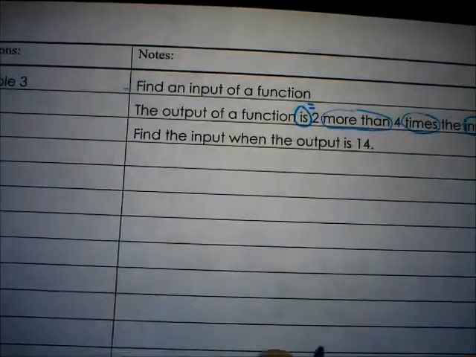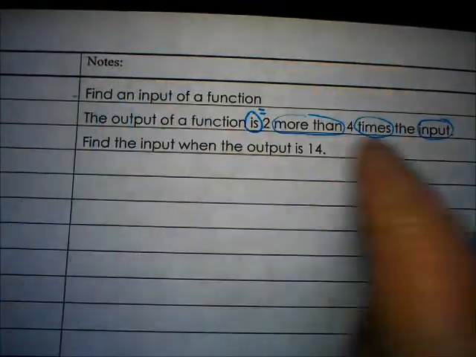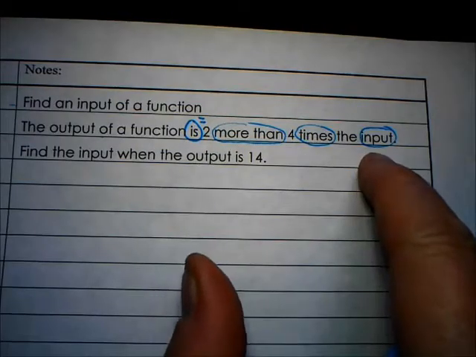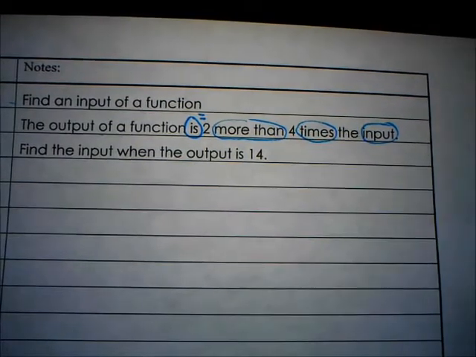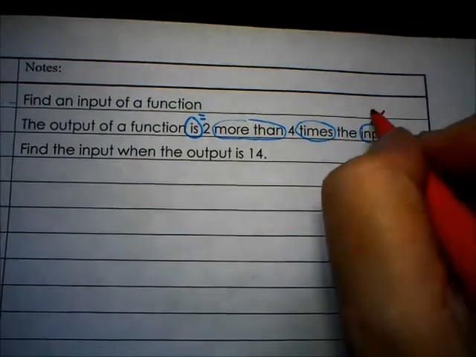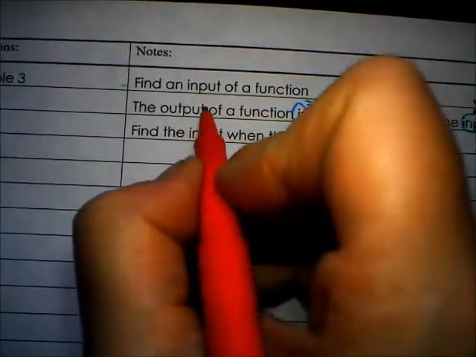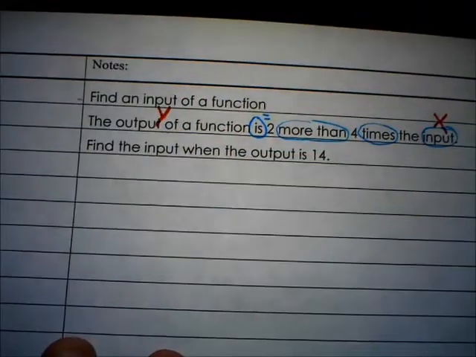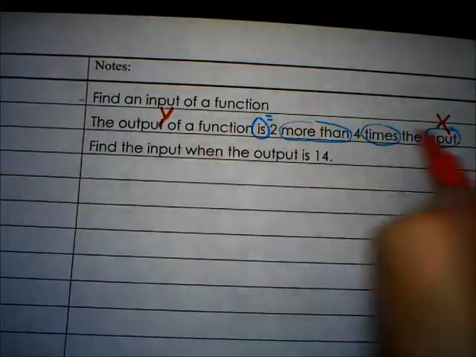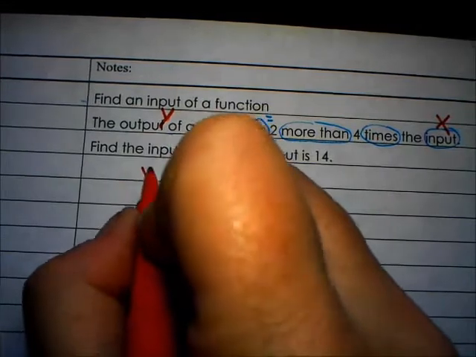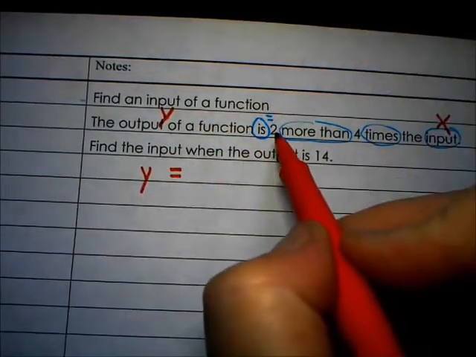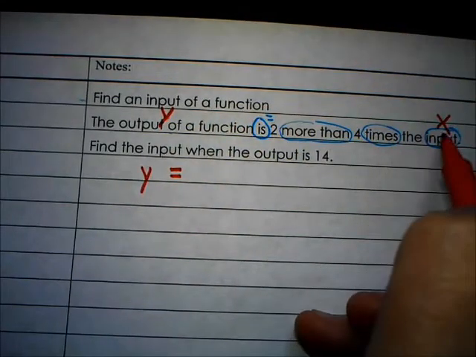Now think back to our input and outputs. What letter is the input? Our input was the letter X. And our output was the letter y. So if I'm looking at my equation here, I have a y equals, and now it has 2 more than 4 times the x.